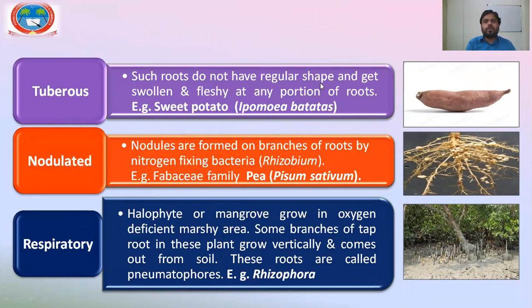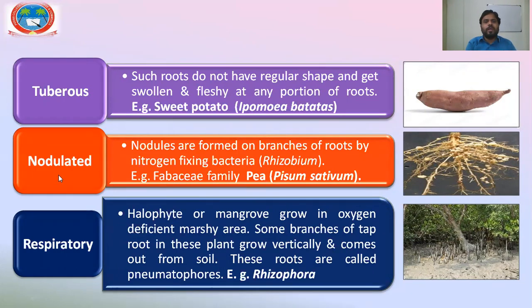Such a form is called a tuberous root. The best example is sweet potato, Ipomoea batatas, where its shape is not regular. This is also a modified form of the root meant for the storage of food material, which is stored in the form of carbohydrate.